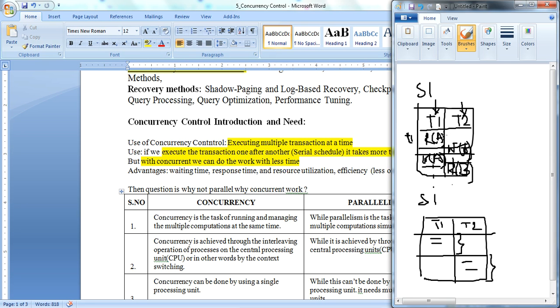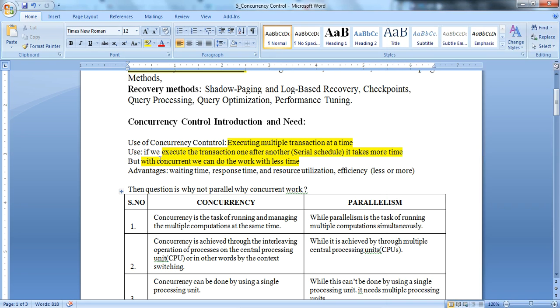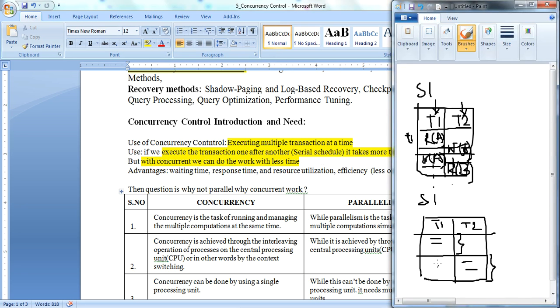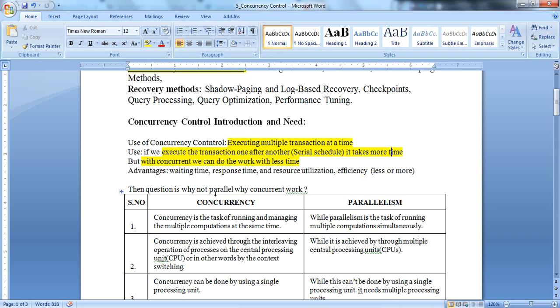But in concurrency, it runs T1 and T2 simultaneously. Because of that, the serial schedule takes more time compared to the concurrent schedule. With the concurrent schedule we can do the work in less time, and that's why the concurrent schedule is efficient.